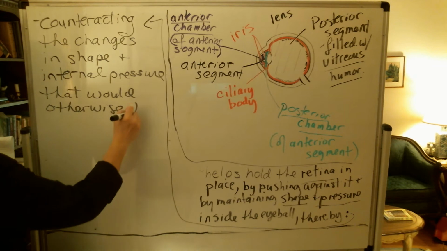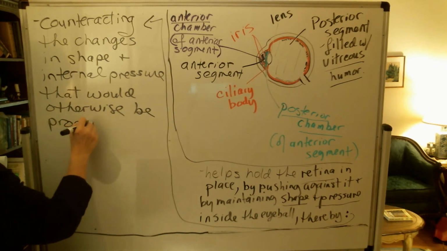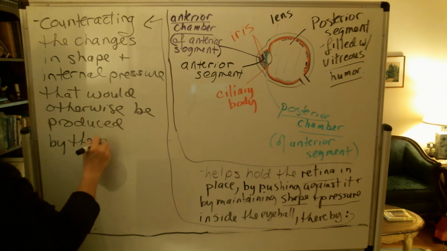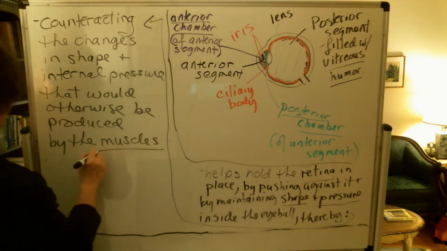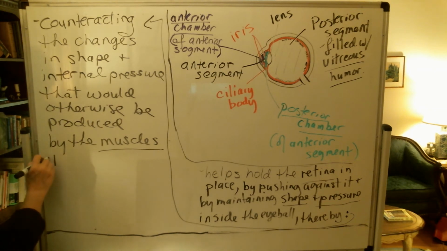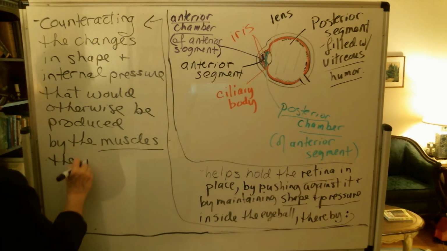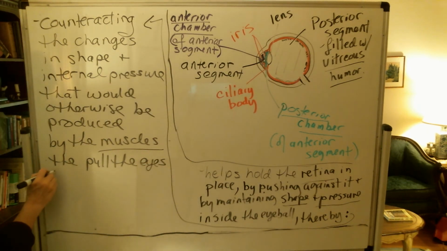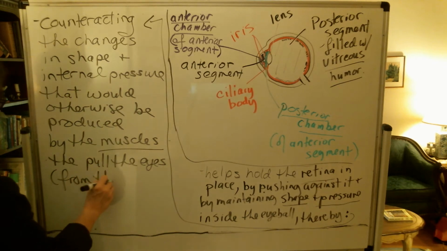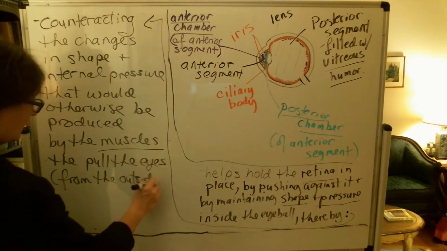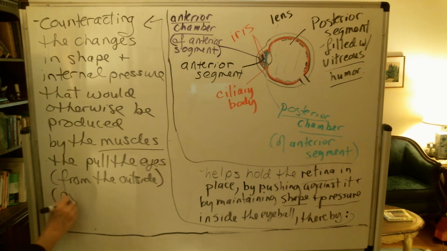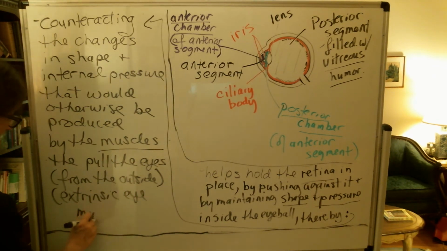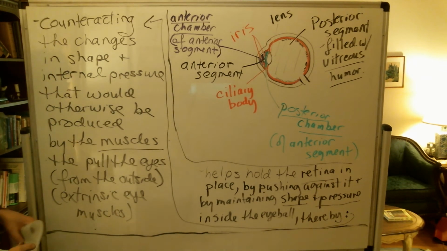That would otherwise be produced by the muscles that pull the eyes, and I'm going to say here, on the outside, and these are known as your extrinsic eye muscles.